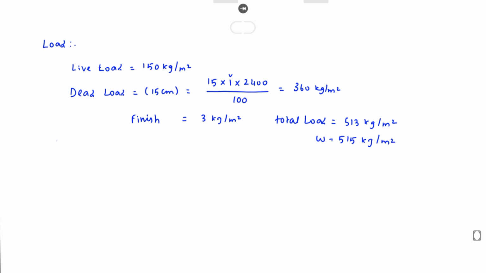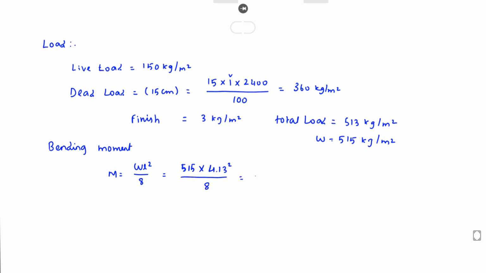Next we can find out the bending moment. The formula is M equal to W L square by 8, for a simply supported beam. So W is 515 into length 4.13 square divided by 8.